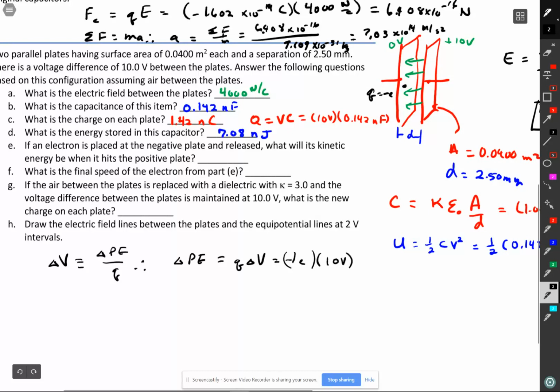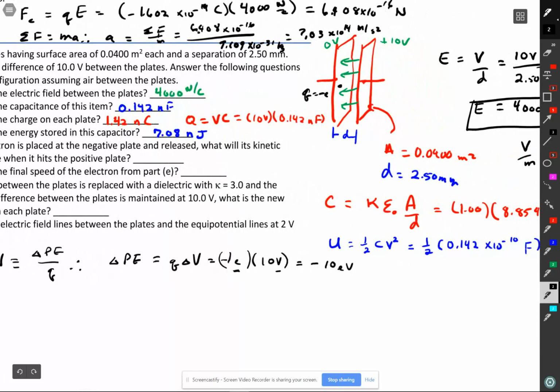Notice it doesn't matter what the capacitance is. It doesn't matter what the separation is. It doesn't matter what the electric field is. It matters what the voltage difference is. If it's a 10 volt difference and I have an electron going through it, it's going to have a change in potential energy of minus 10 e times V. Electron charge times a volt.